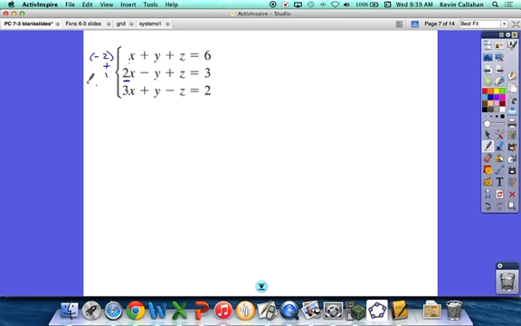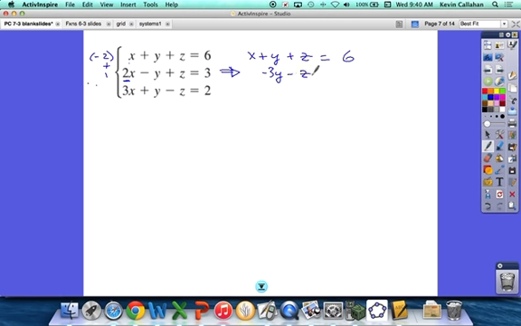Okay. So when we do that, the first line is unchanged. We're not changing the first line. We're only changing the second line. So x plus y plus z equals 6. The next line now will be -2 times x plus 2x, 0, and we don't actually have to write the 0 because it's not a matrix. Then we have -2 times y plus -y, -3y. -2 times z plus z, -z.